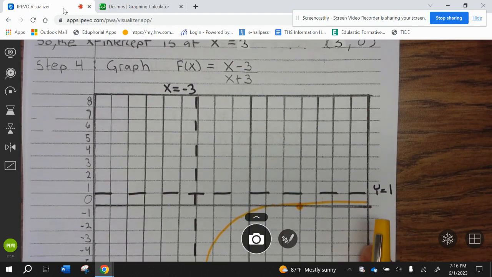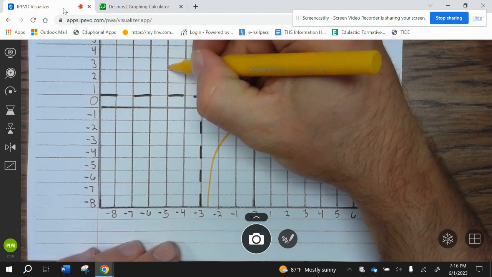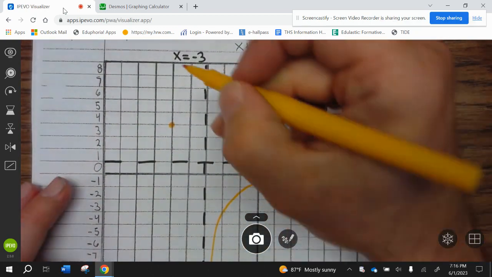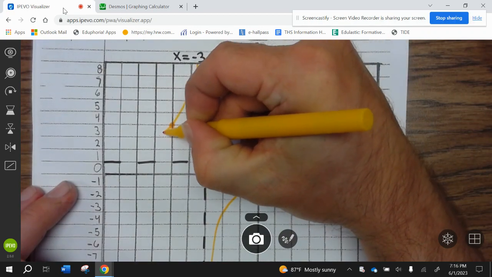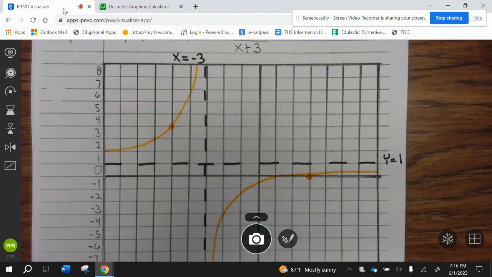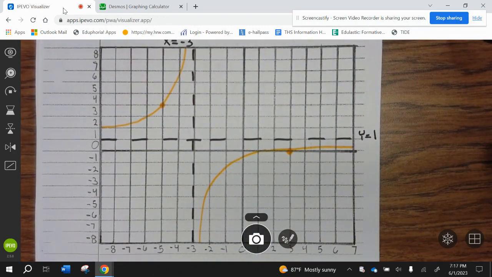So negative 5, 1, 2, 3, 4. So that means our curve goes along like that. Go ahead and finish up the graph. And let's take a look at the next example.